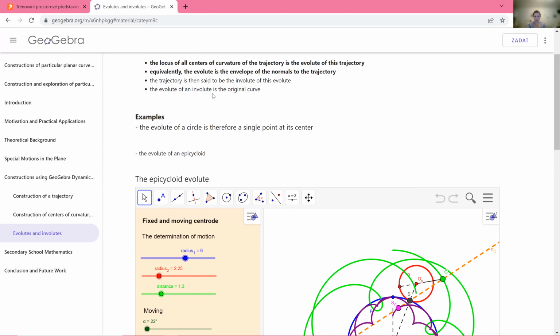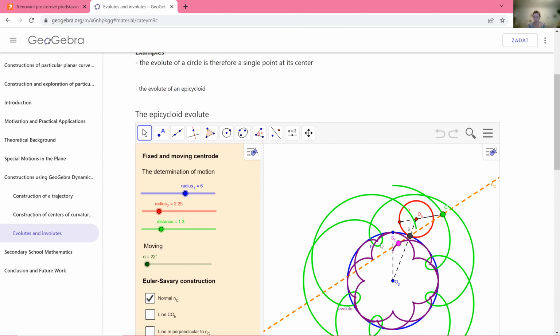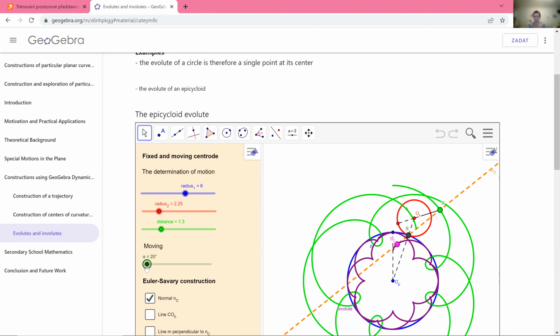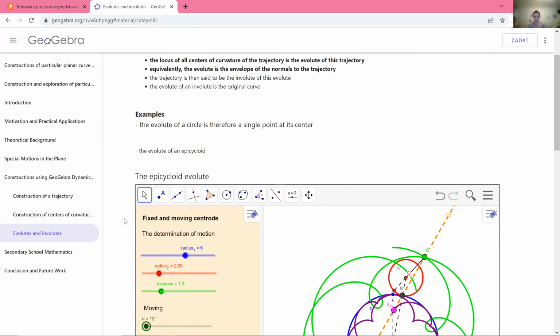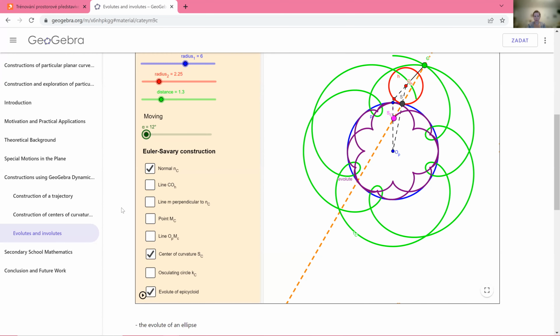The centers of curvature and the circle in it. So here is another example, epicycloidal motion, and the centers of curvature are determining this violet curve, and it's the whole curve.